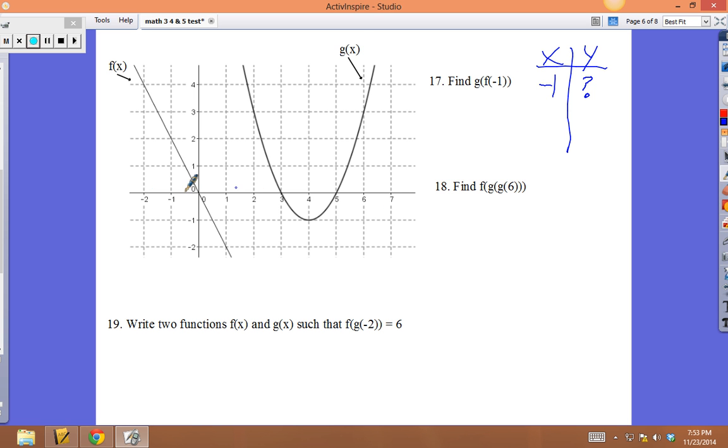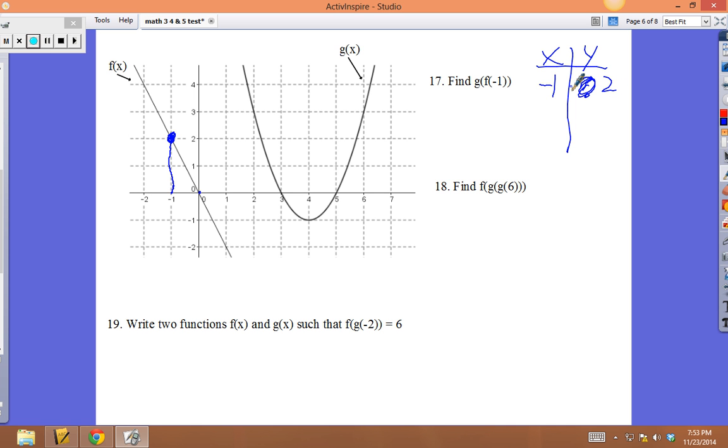I have to find the dot that matches up with negative 1. So this is my f line. I start at 0, 0. If I go negative 1, that's left 1. I'm going to have to go right there to touch the graph. I had to go up 2. So 2 is the answer of negative 1.